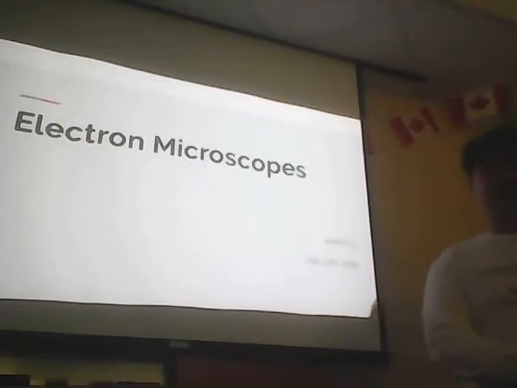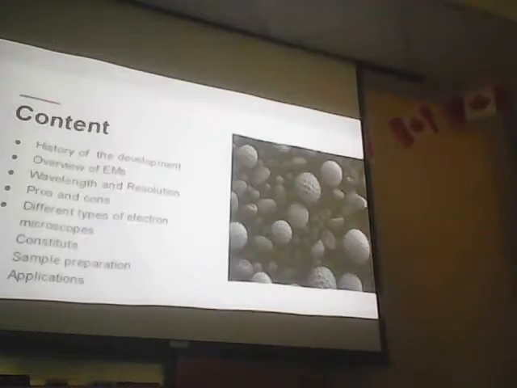Okay, so I'm BK, and today my topic is the electron microscope. Okay, so this is my content. First of all, we are talking about the history of the development, and then the overview of the electron microscope, the basic theory of the electron beam, and then the resolution and the wavelengths, and then the advantages and the disadvantages.